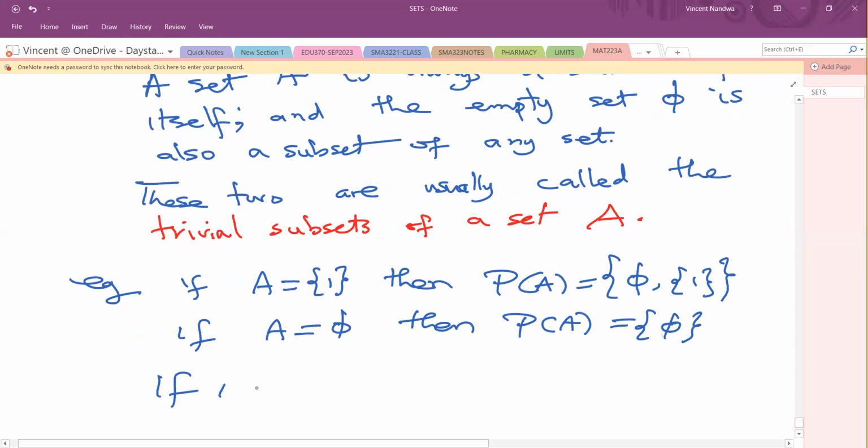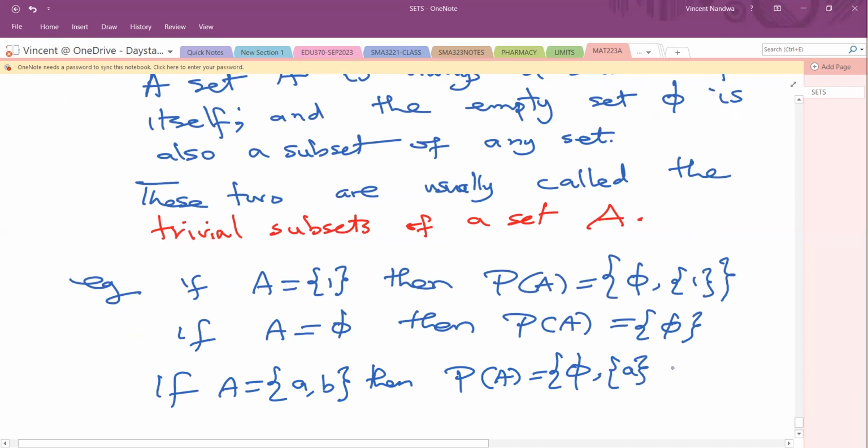If A is a set with elements a and b, then the power set will be first the empty set, then you form subsets using one element each, and then the subset using all the two elements.